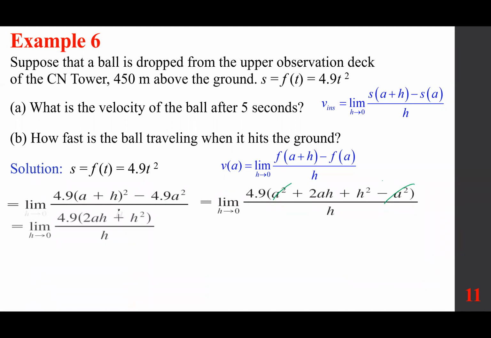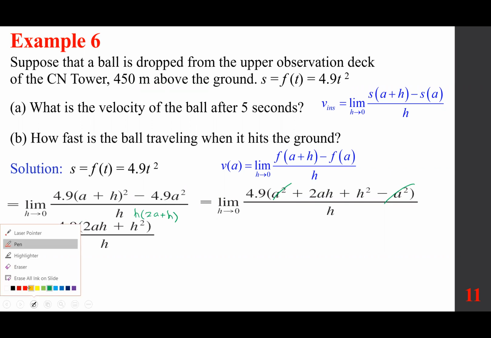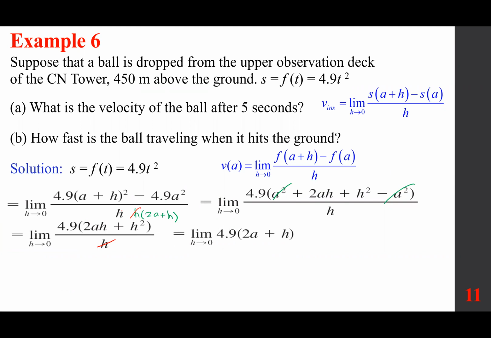So we drop the h and they cancel each other. We are left with the limit as h approaches 0 of 4.9 times (2a plus h). Let's replace the h with 0, and we get 9.8a.